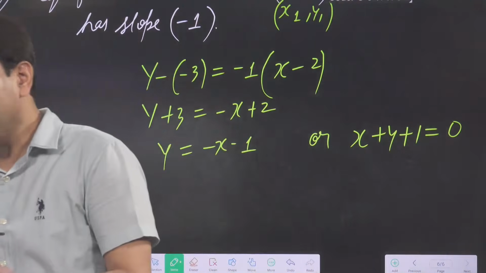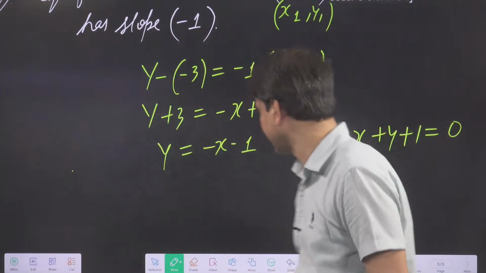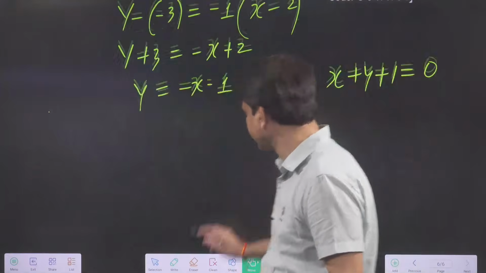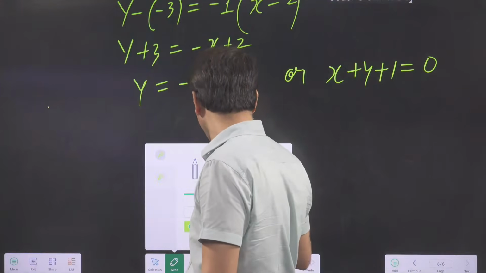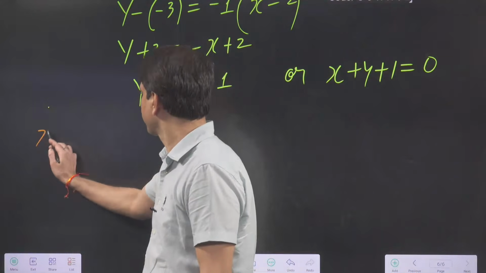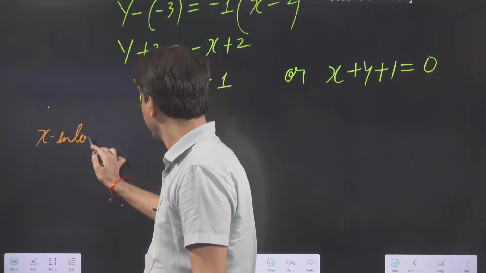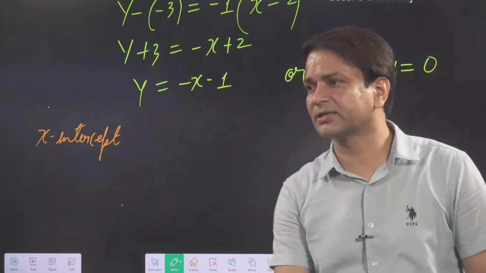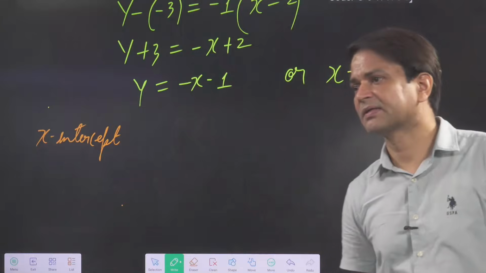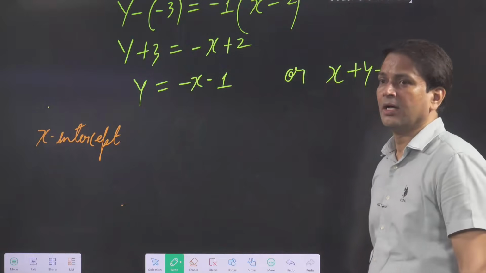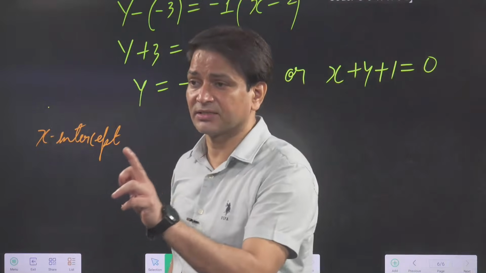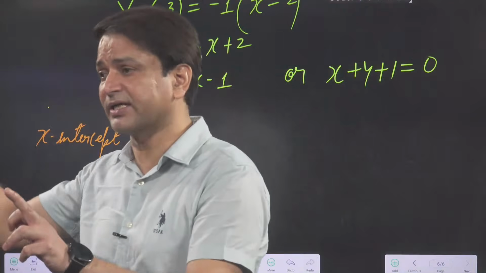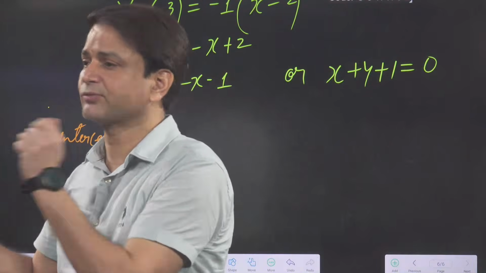Okay. Now suppose I am saying, what is the x-intercept of the line? For x-intercept, what I said, where the line is cutting the x-axis, that distance from the origin.